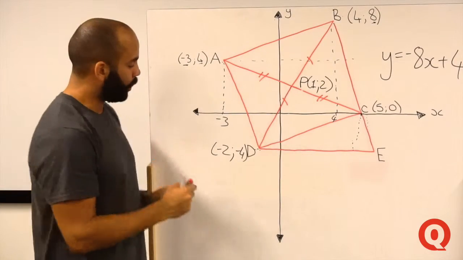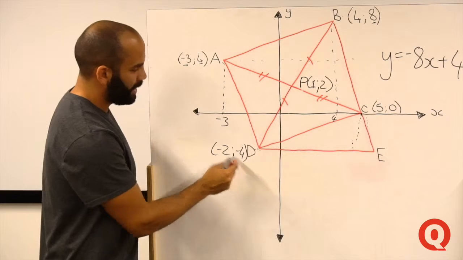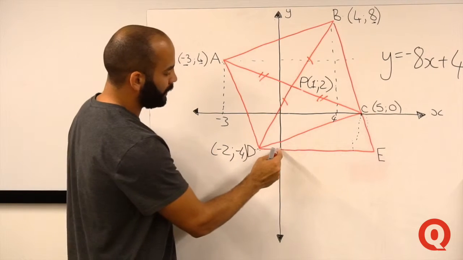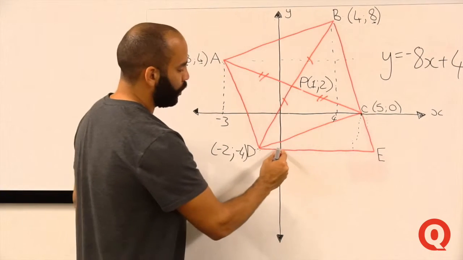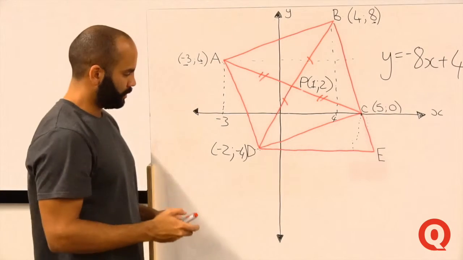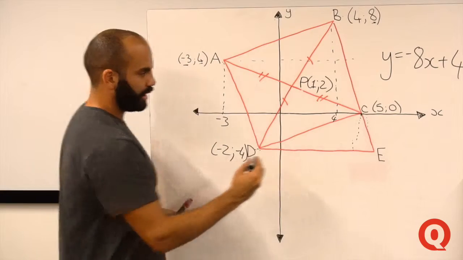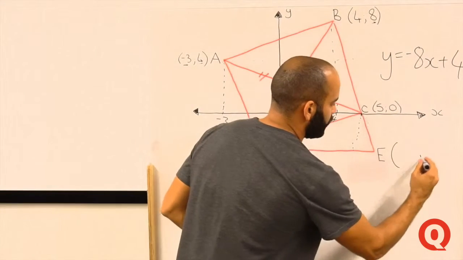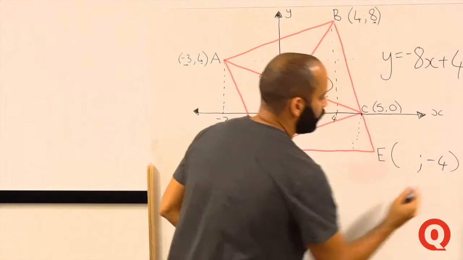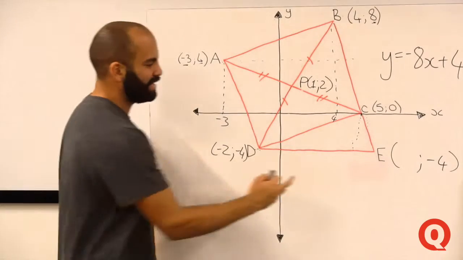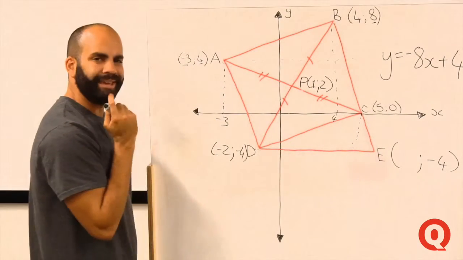So if I know what the coordinate of D is, I already know what the y value of DE is. And I already know that it's -4. So I can already fill in -4 over there. But I still don't know what the x value is for E.